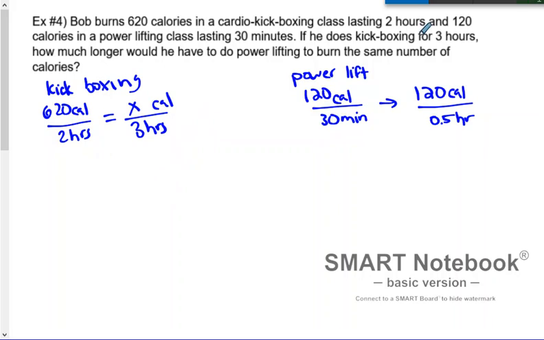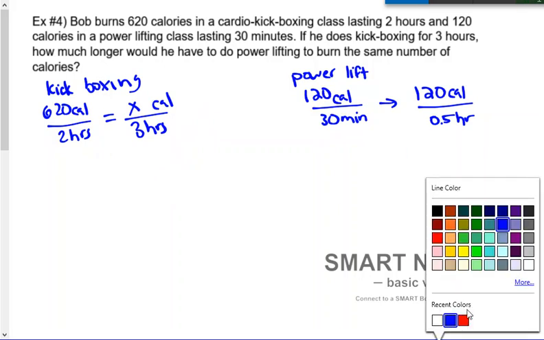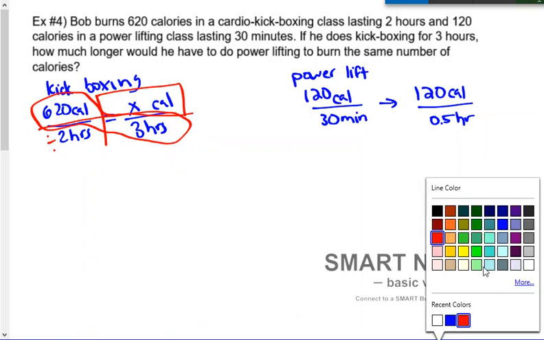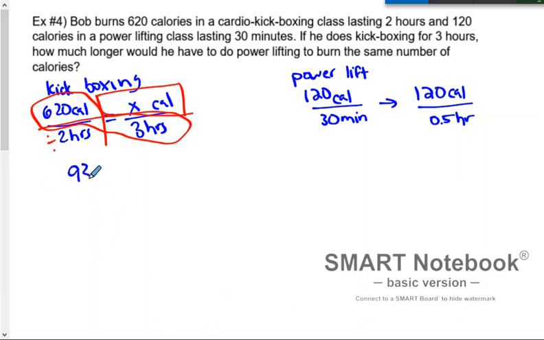Right, so taking a look here, I'll divide this and multiply these two. So 620 times 3 divided by 2, and you should get 930 calories you can burn by kickboxing for 3 hours.